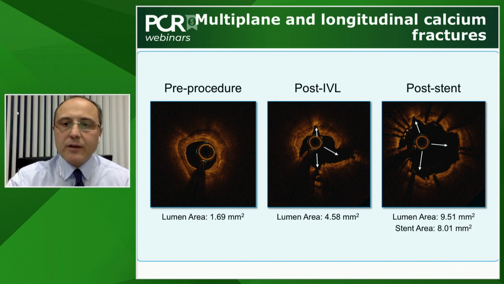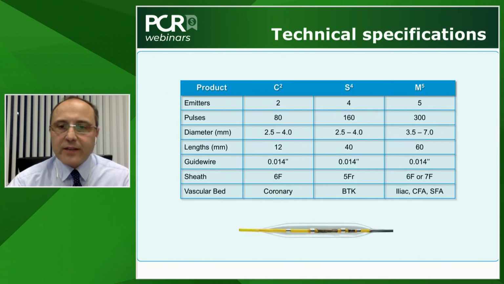Thank you very much, Benjamin. We already have a question here. Can you share something about the percentage of dissection after intravascular lithotripsy? And then we move on. Stay on the OCT slide, the one before. Do you have any idea, Benjamin, about the rate of dissection that we can achieve with intravascular lithotripsy?